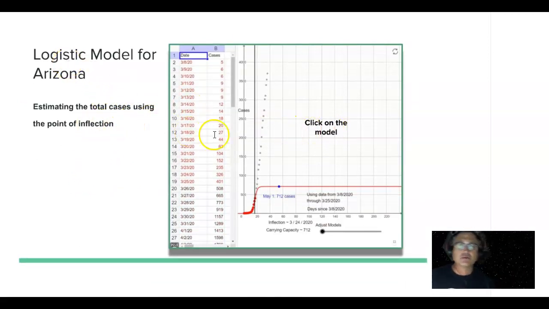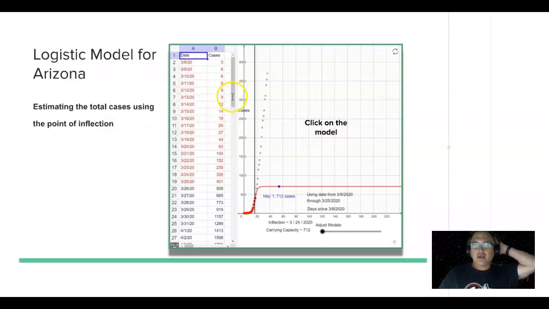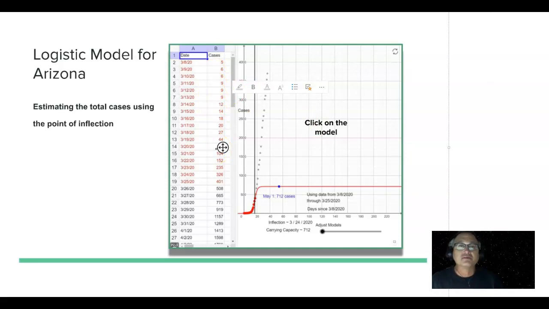All right, so here's a model that I borrowed from a professor in Vermont, and I adjusted the numbers to fit the infections that we got in Arizona. So this is the actual data here from Arizona.